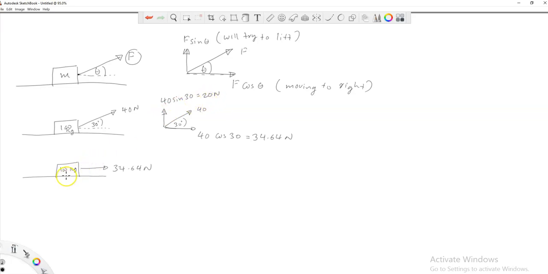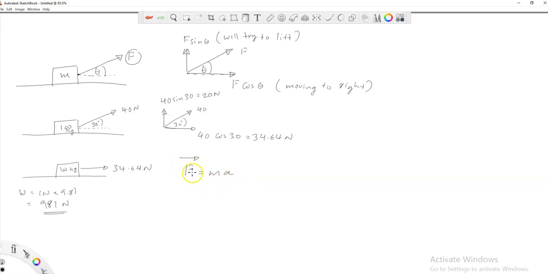This object is 100 kilograms, so therefore weight is 100 times 9.81, 981 newtons. Unless you have something more than this, there's no way of lifting this, right? So this 20 newton is kind of just not doing anything. All right, so let's see what happens to the acceleration. We're going to use F equals ma in this direction.